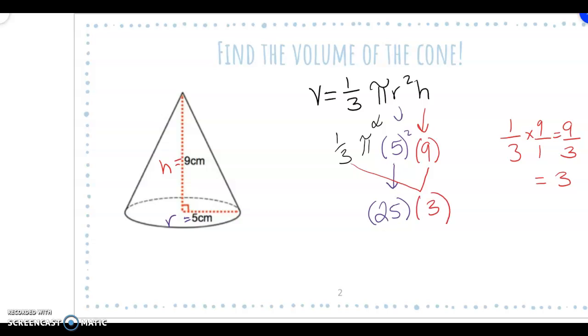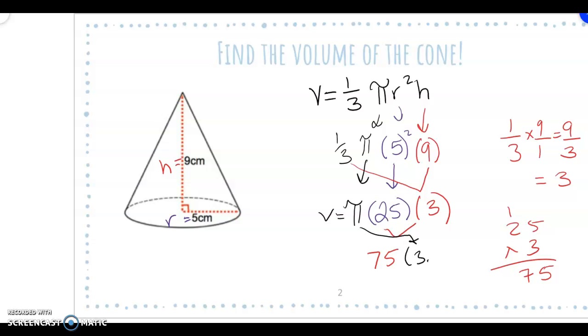You don't have to do this step this early, but sometimes it's nice and easy to take 1/3 of a number. So now I can easily take 25 and multiply by 3. And I get 75.